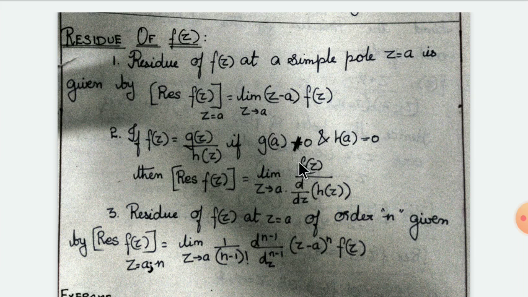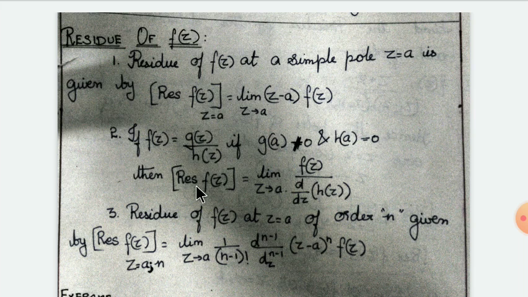And the second one is another way to calculate the residue, suppose the limiting case is not possible. Let us say the given f of z is equal to g of z by h of z, if g of a is not equal to 0 but h of a equal to 0.